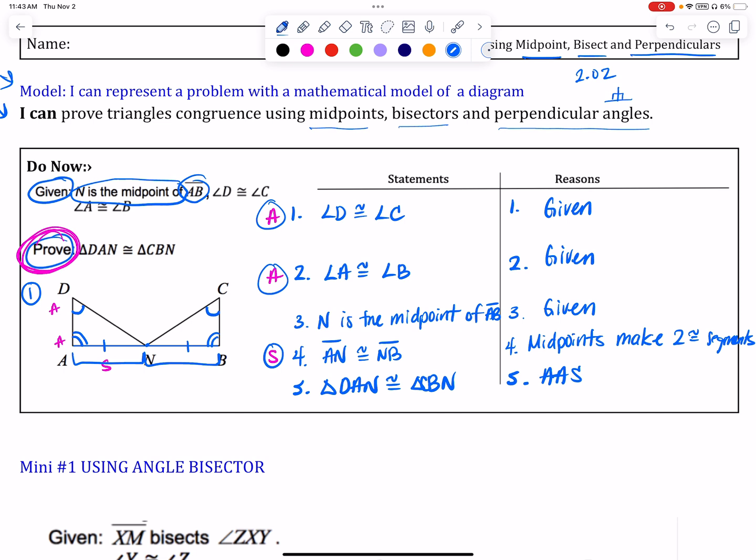So I started with the givens. I listed all of them. I ended with what we have to prove. I got my AAS from first annotating the diagram, and we are done. Let's keep practicing.